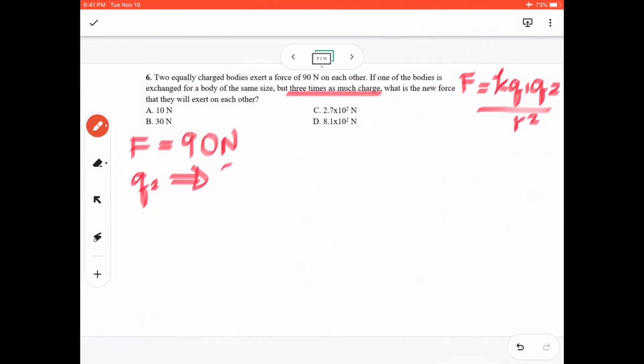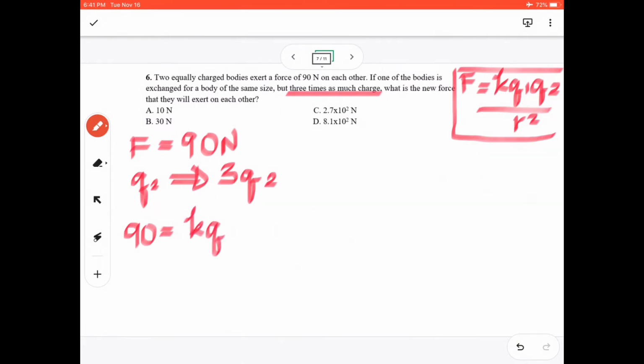So it means that Q2 will become 3Q2. Now from the problem, F is equal to KQ1Q2 over R squared. The F is already 90 newtons. So it means that KQ1Q2 over R squared is already equal to 90.